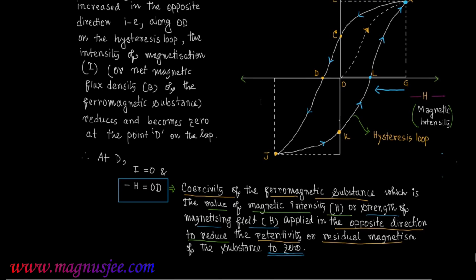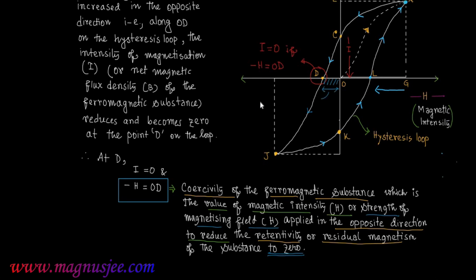On the graph, D is the point at which the intensity of magnetization I reduces to zero from C to O. I is equal to zero at the point D, and minus H is equal to OD.